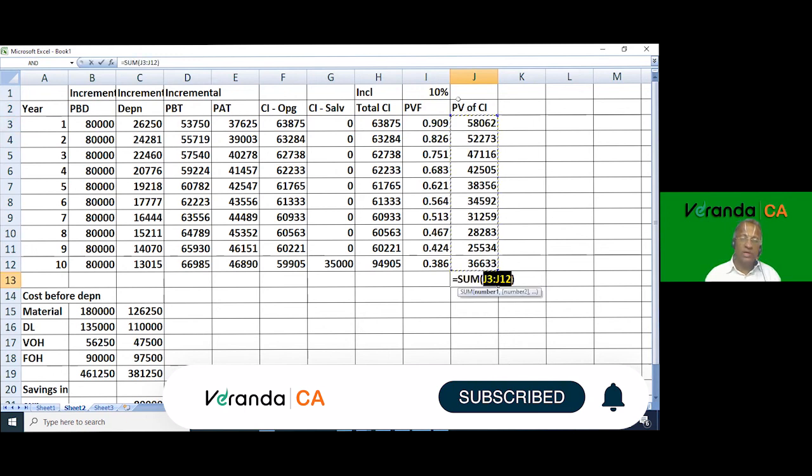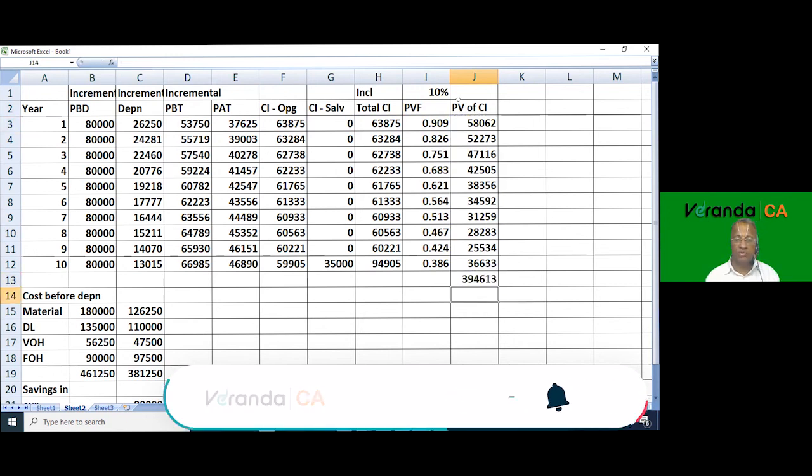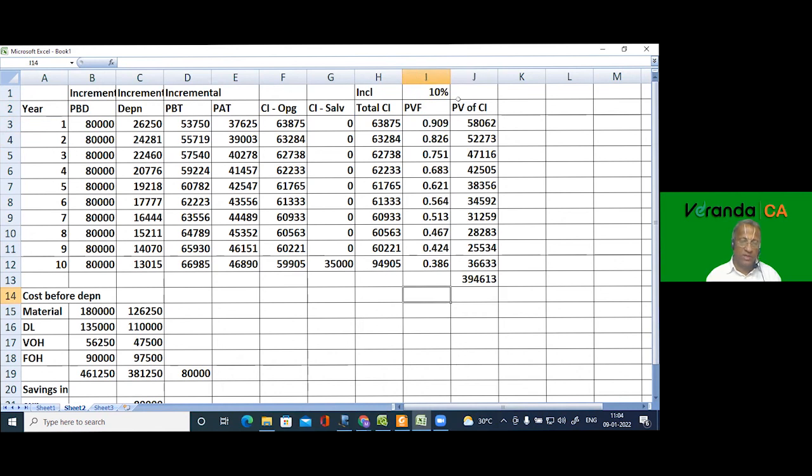So incremental cash inflow, all that comes to 3,94,613. Discounted cash outflow is 3,50,000. How did you arrive at that? 4,50,000, the cost, minus 1,00,000, the trade-in, that is the exchange.